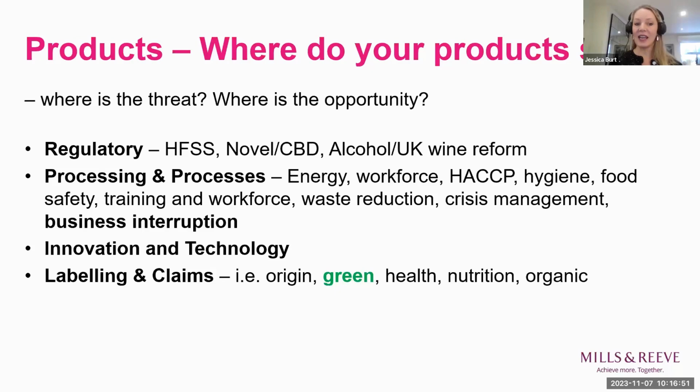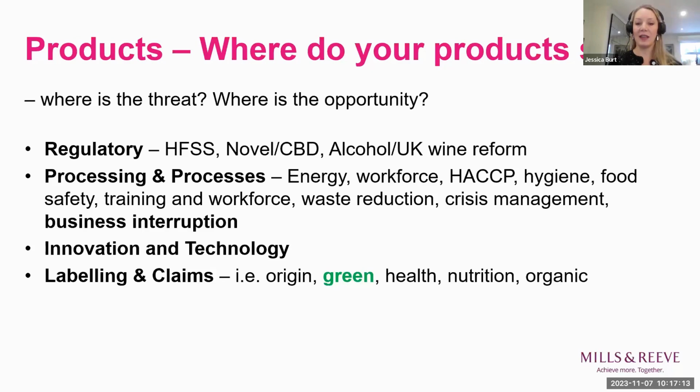So these claims, these labeling issues, the voluntary claims, particularly the green claims, claims of any origin, is really going to affect where your supply is from and what you can do with your product itself, whether you're changing your processing location or anything like that.